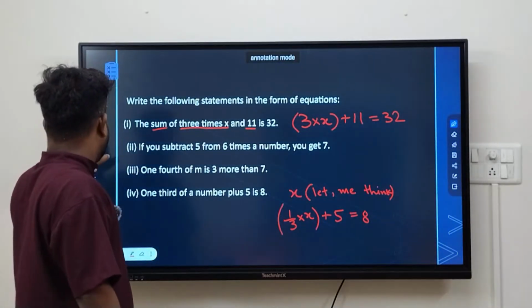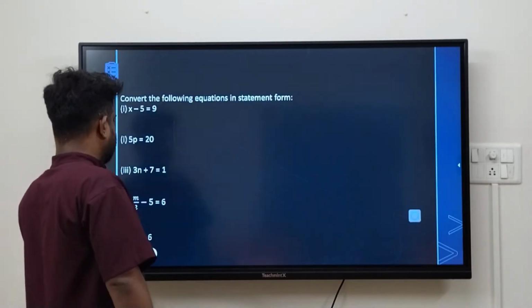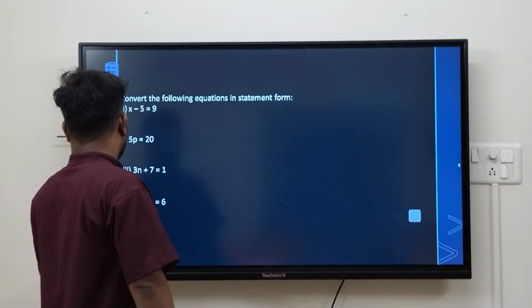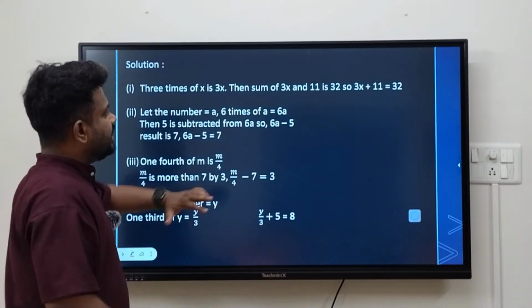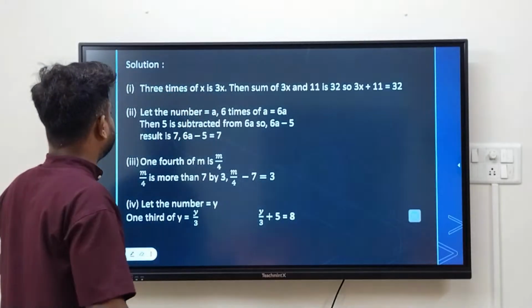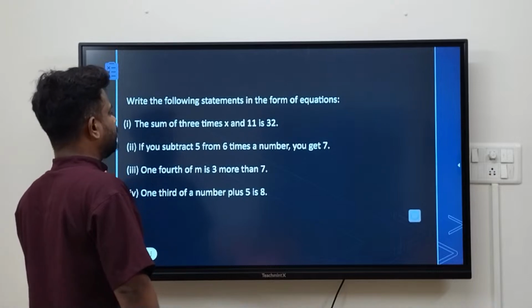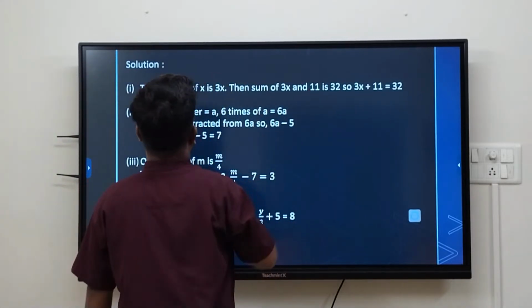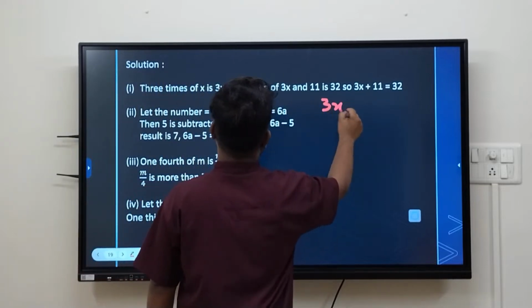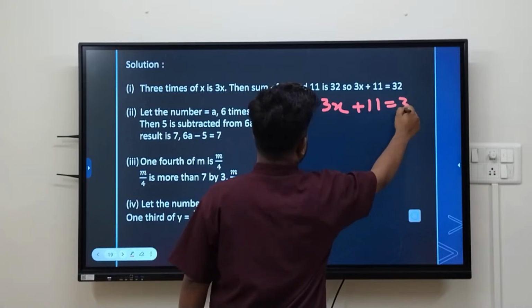Let's go to the next slide. Their answers are written. You can try it and then check. Like we did, 3x plus 11. 3 times of x will be 3x, and the sum of 3x with 11 will be like this.